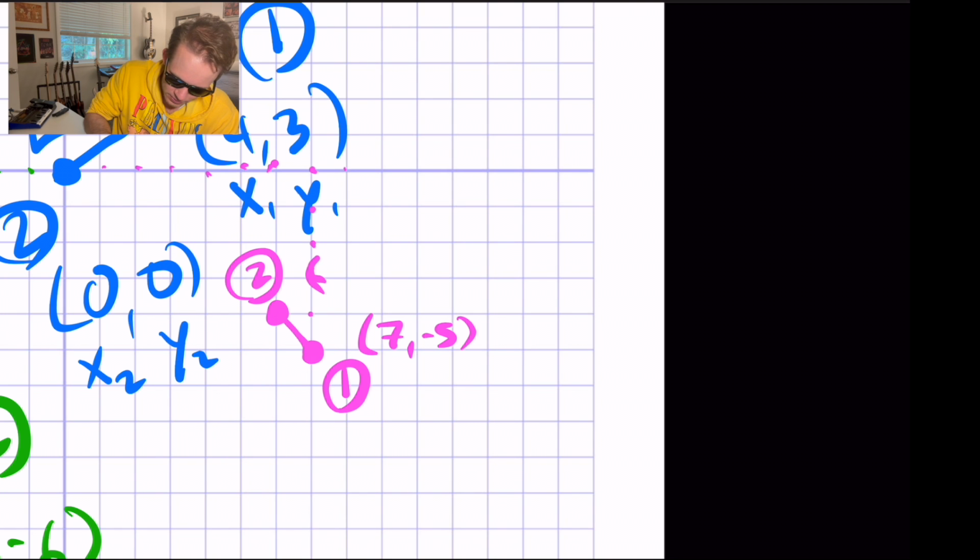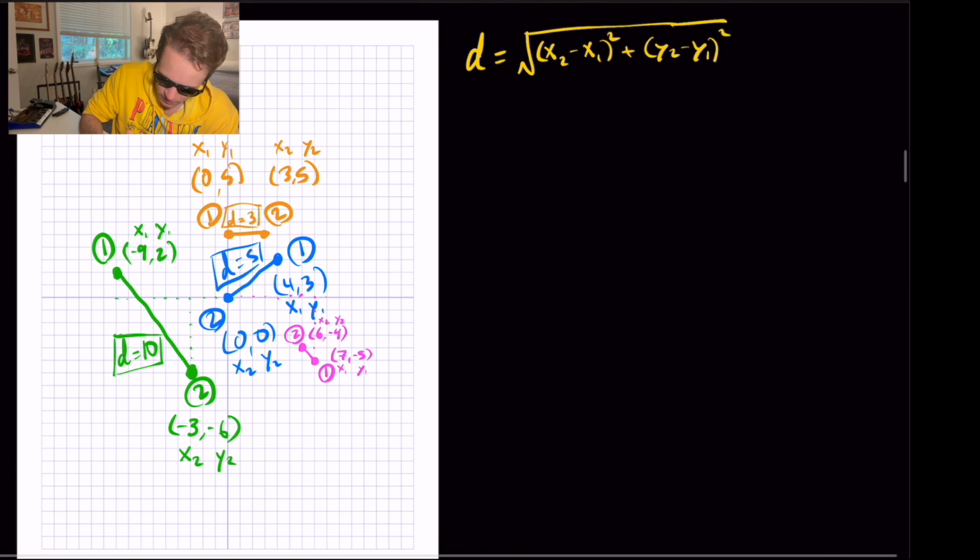For point number 2, our x value is going to be 6, and then the y value is going to be negative 4. So again, this is our x2 and y2. This is our x1 and y1.